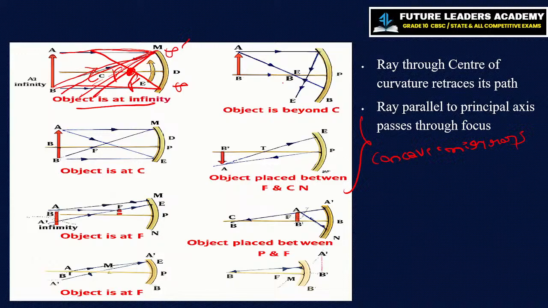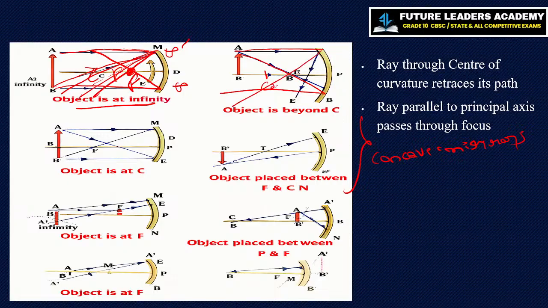Then if the object is placed behind the curvature, the ray comes from here and passes through the focus point, and both become parallel.